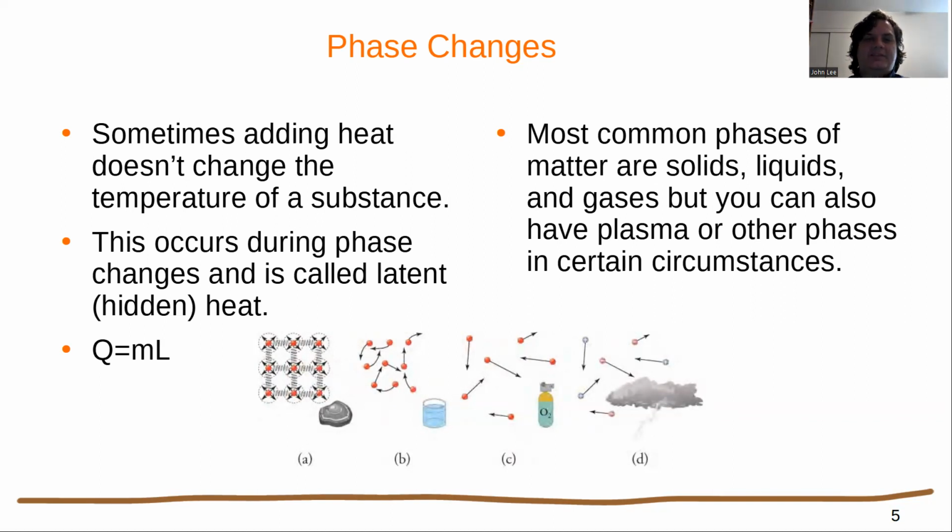So a phase change is a change between phases of matter. The phases of matter that you're probably familiar with are solid, liquid, and gas, where solid is something where the particles or the molecules or the atoms that make up the matter are tightly bound together by electromagnetic bonds, which we'll get into later.